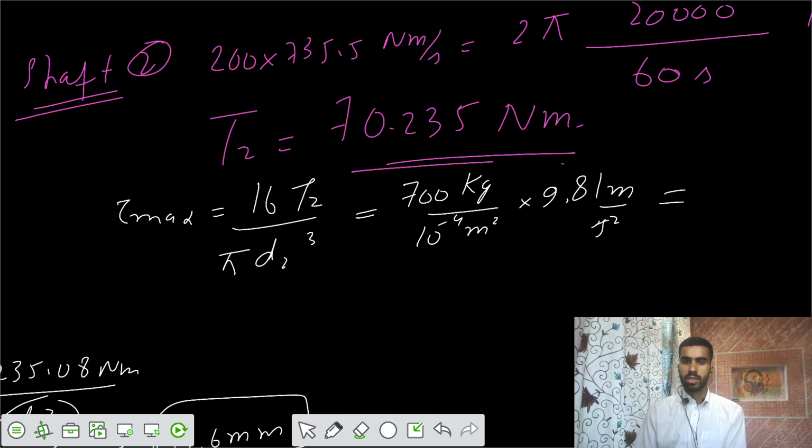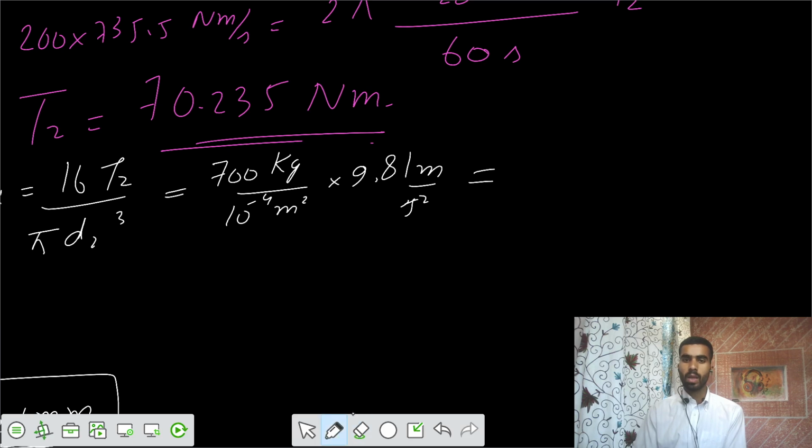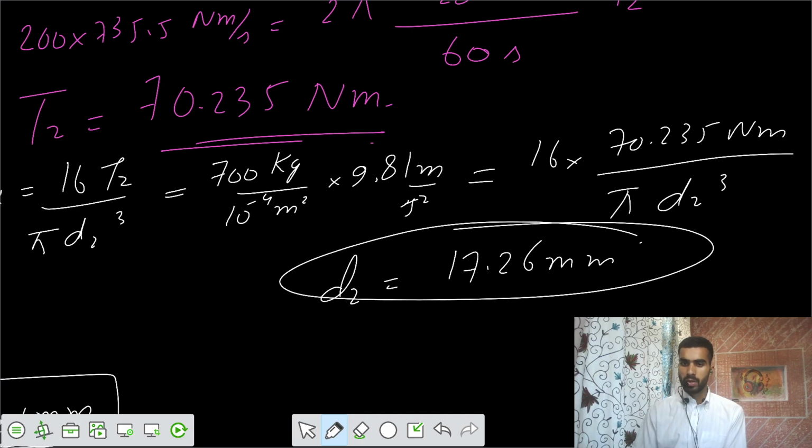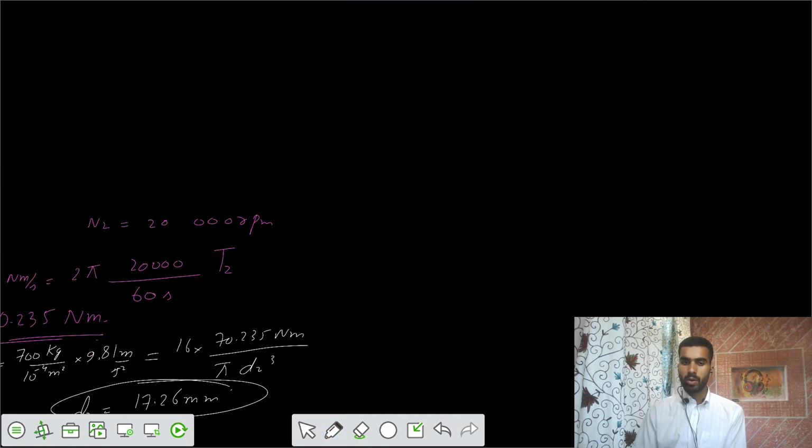So that equals 16 into T2, 70.235 Newton meter divided by pi d2 cube. So you got a value of d2 equals 17.26 millimeter.